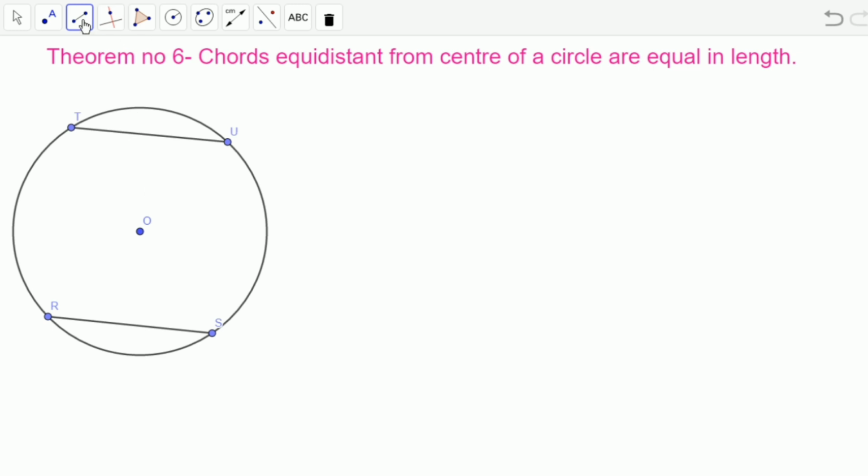If the chords are equidistant from the center, this will be the perpendicular distance of this chord and this will be the perpendicular distance of this chord. The angle will be 90 degrees here and here also. It is also given that the two chords are equidistant, meaning OW is equal to OV.